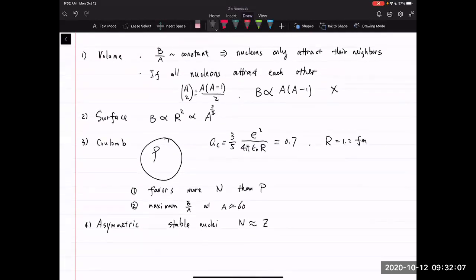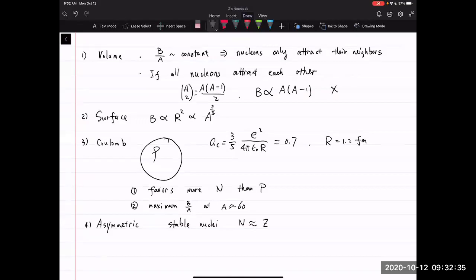One is that stable nuclei favor N approximately the same as Z. And two, it's really due to the Coulomb repulsion. So for nuclei with a mass number larger than iron, the amount of protons inside the nucleus will cause the nucleus to be less stable. So that is essentially the insight.